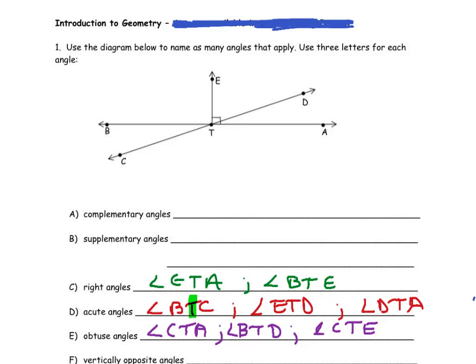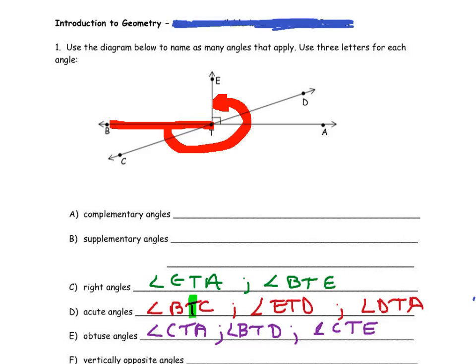Say you did line BT swung around to TE, that would actually be 270 degrees, a reflex angle.